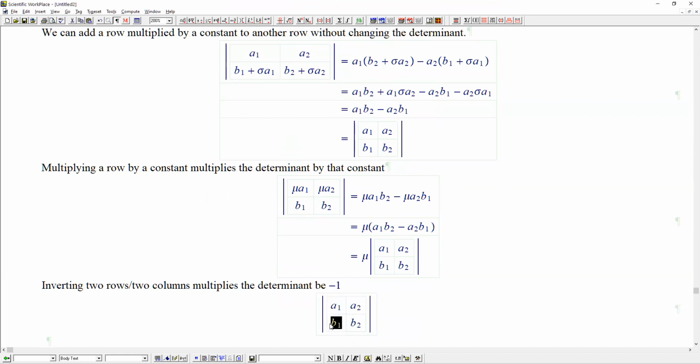So instead, we're going to have P1, A2 equals 2, P1, A2 minus A1, B2.